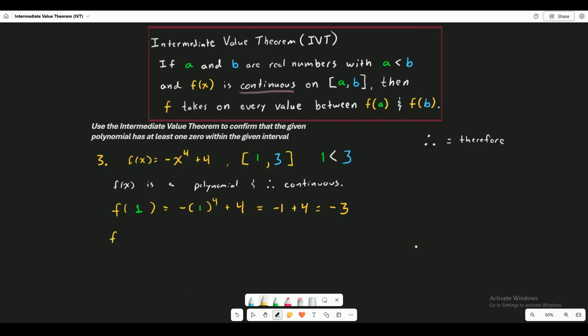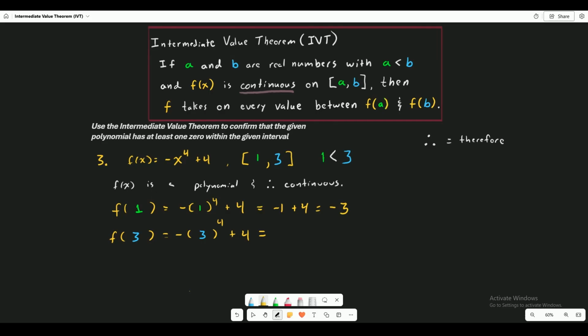So now let's get f of b, which is 3, in this case, f of 3. So negative the quantity 3 to the 4th power plus 4. What is that? I have no idea. That's a tough one. All right, I'm just going to give you the whole answer.